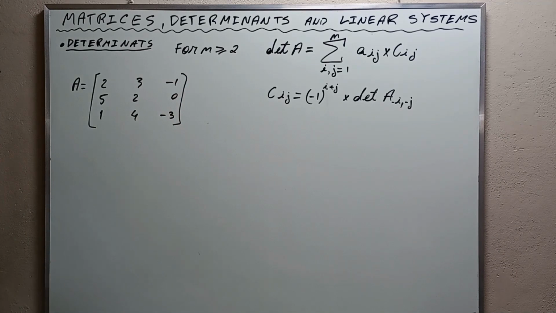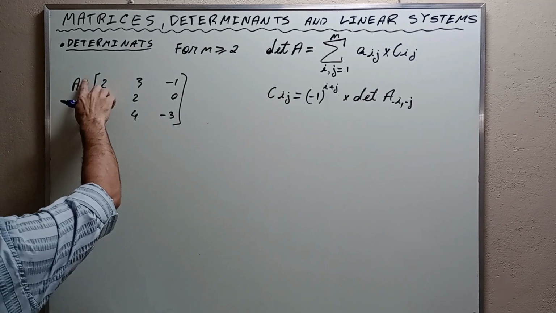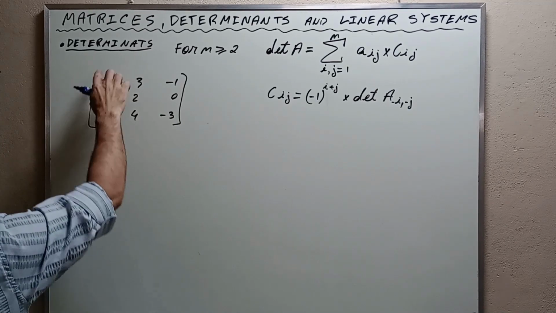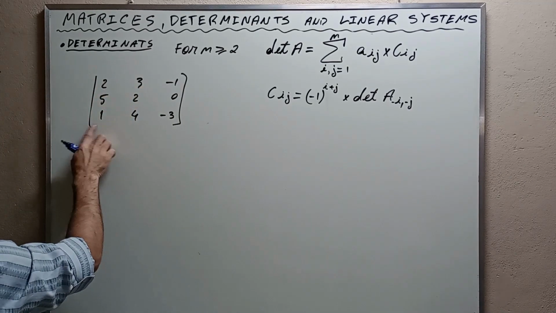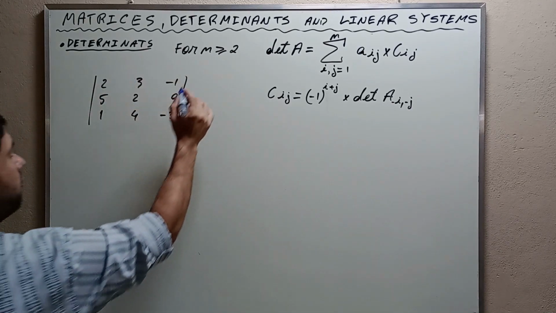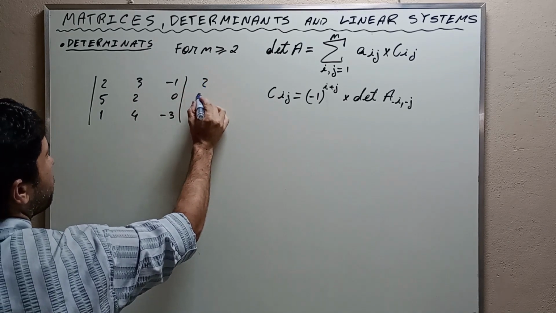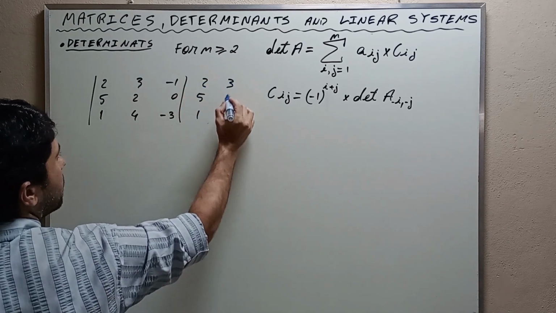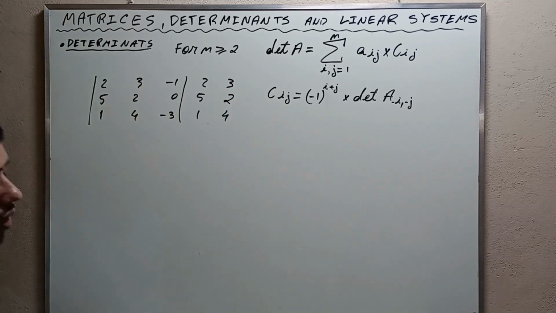To use the rule of Sarrus, we rewrite the first and the second columns of matrix A and sum the products guided by the following arrows to calculate the determinant of A. We repeat the first and the second columns and follow the multiplication guided by these arrows here.